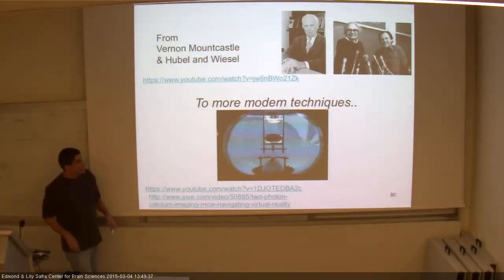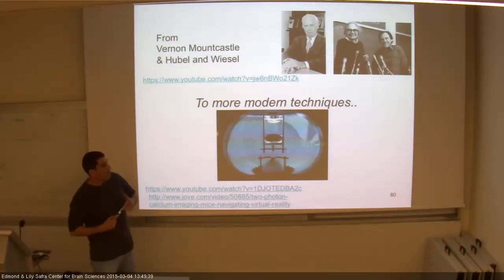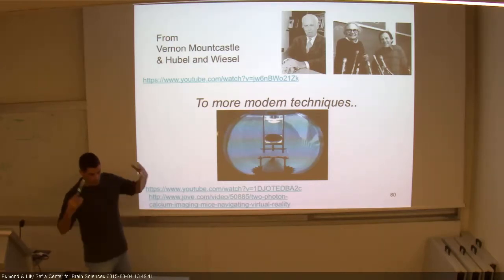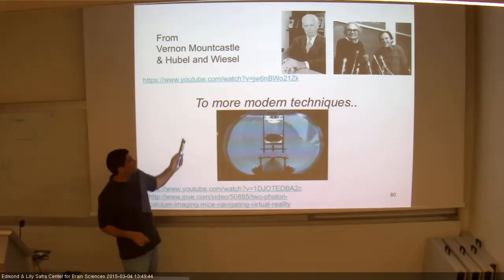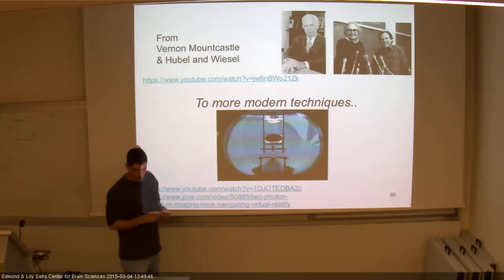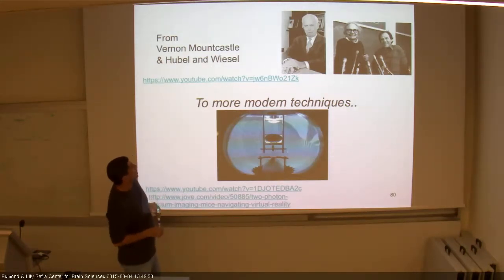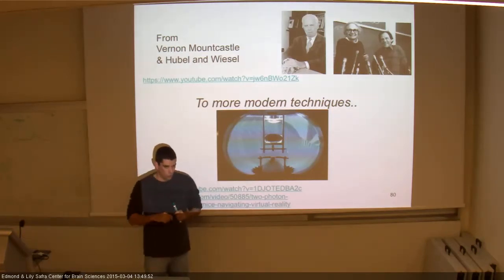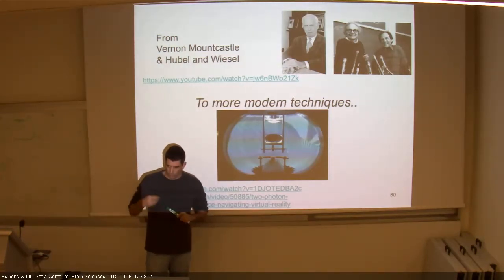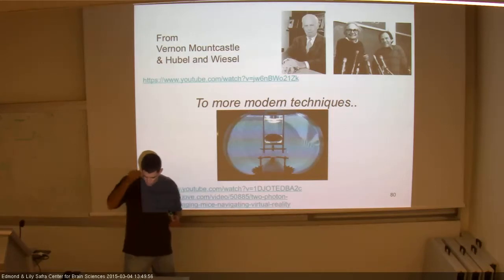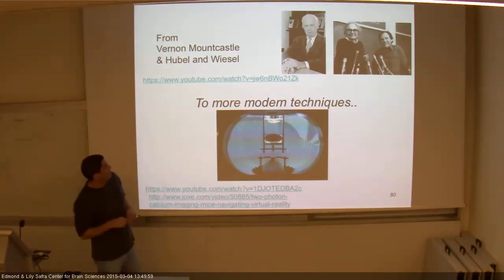Okay. In terms of techniques, we must mention the giant Vernon Mountcastle, who died last week, 2 weeks ago. He was the first who started looking at sensory physiology in cortical structures, in the somatosensory system.